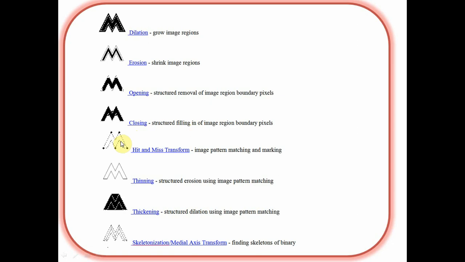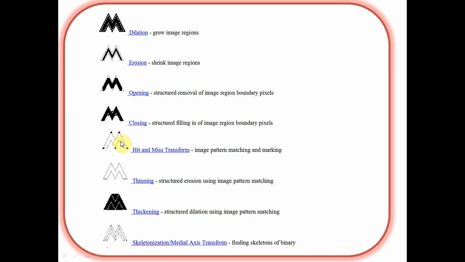It is a combination. Now in many morphological operators, the structuring element we use is mostly made up of all ones, or don't care. In the hit and miss transform, we use a structuring element made up of both background and foreground pixels.